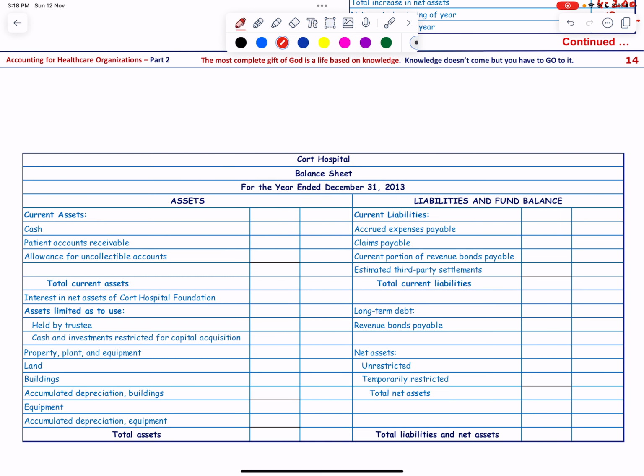We have cash 6,650,000, patient account receivable is 4.5 million. Then allowances for uncollectible is 1.2 million. So this is a total of 3,300,000. So that gives us total current assets of 9,950,000.